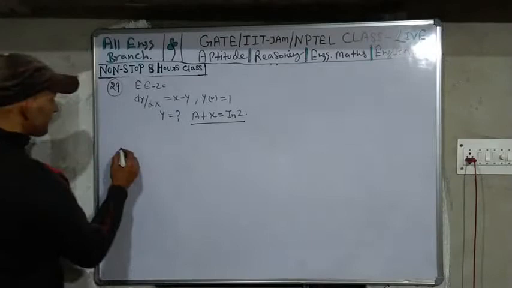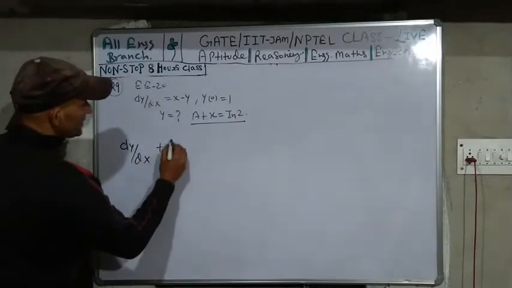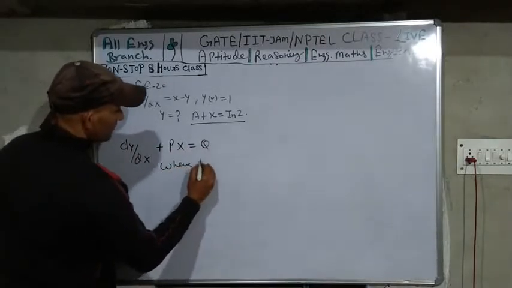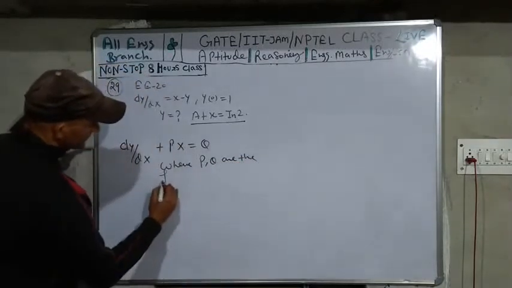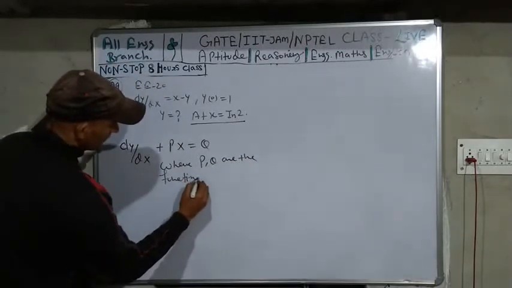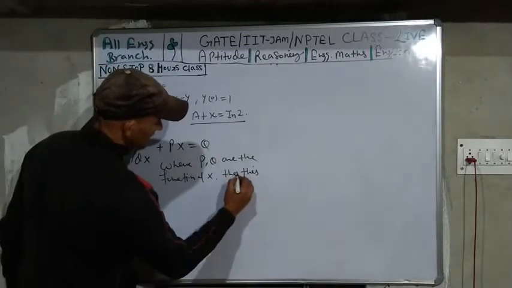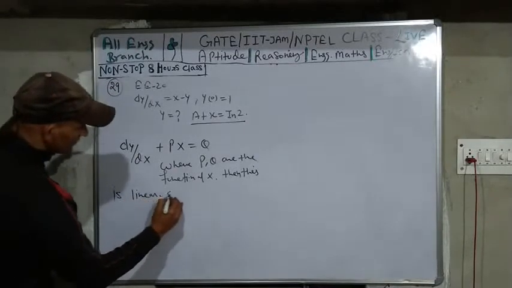Whenever you have such a type of differential equation, dy/dx + Py = Q, where P and Q are functions of x, then this is a linear differential equation.